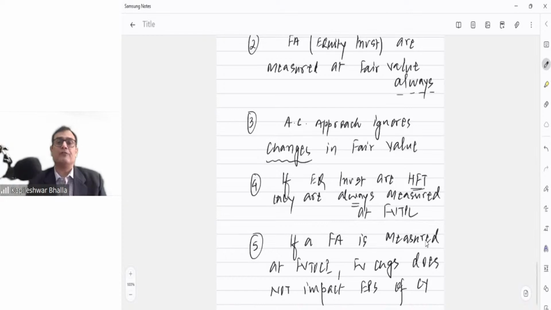So we can say if a financial asset is measured at FVTOCI, the fair value changes do not impact the earnings per share of the current year. These are the 5 MCQs for today's learning.